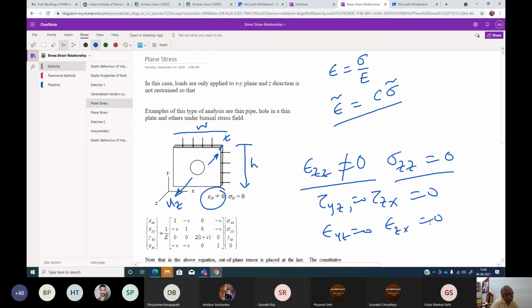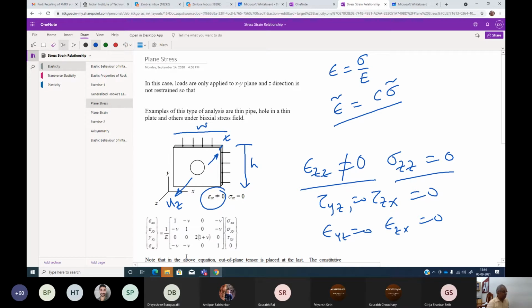There is no stress developed in the out of plane direction, but strain will be possible. So if we assume that condition, then whether you analyze this with 3D or with 2D, the results will be exactly the same. And that's why this is called plane stress condition.